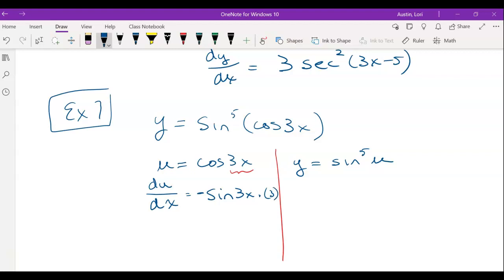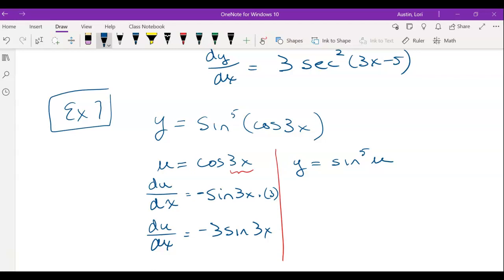I actually applied the chain rule while I was getting this derivative. So du dx becomes -3 sine 3x. If you don't believe me, you let u equal 3x, and the derivative becomes 3. So this is a chain rule within that u. But we have that one done. du dx is definitely -3 sine 3x.